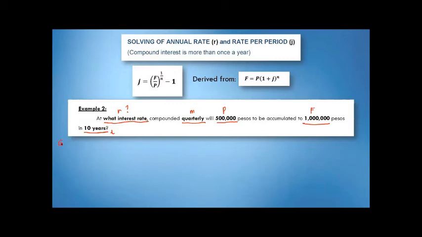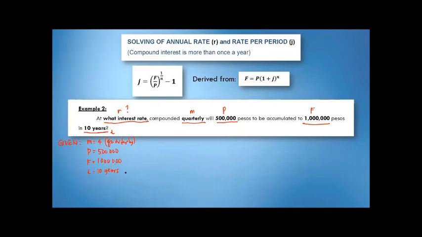So i-write ulit natin ang given. We have compounding period which is 4. Kung bakit siya 4? Because it is quarterly. We have the present value of 500,000, the future value of 1 million, then the time of 10 years.